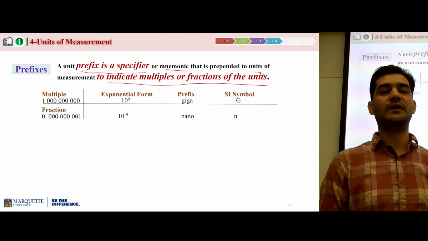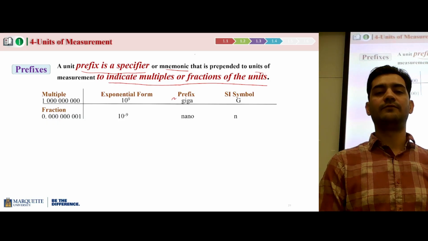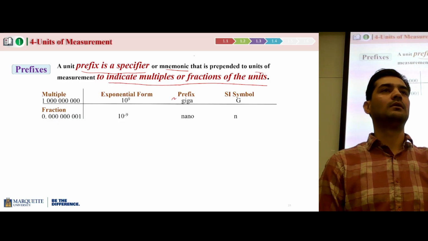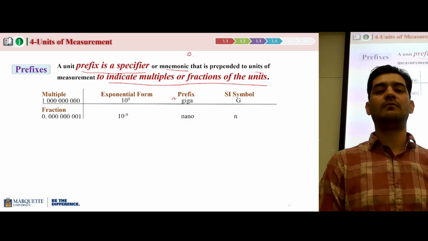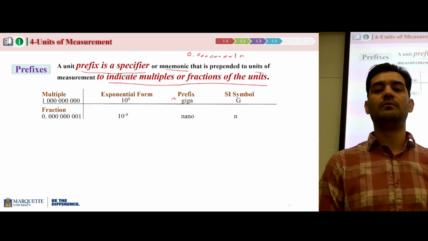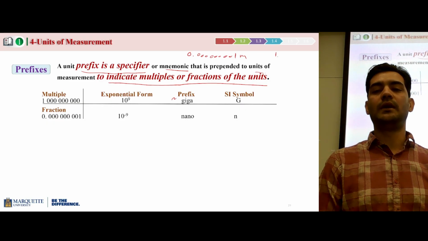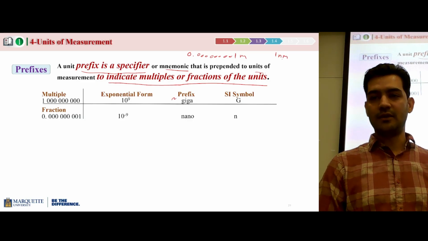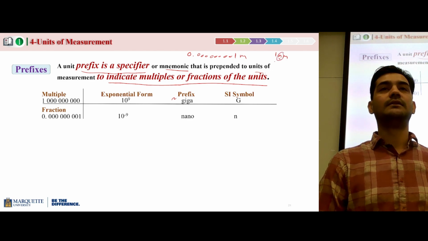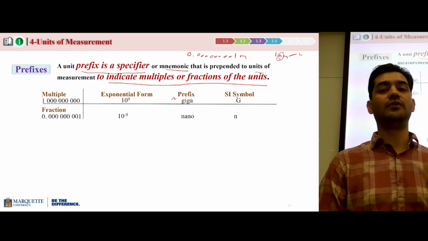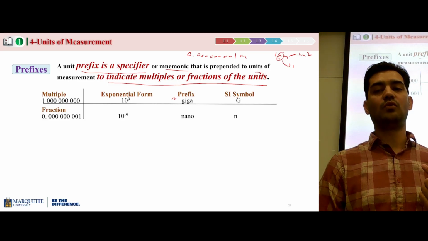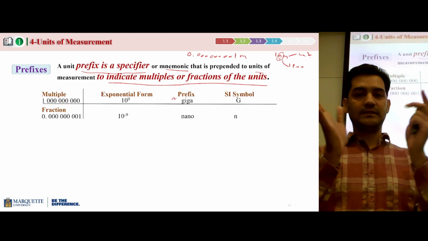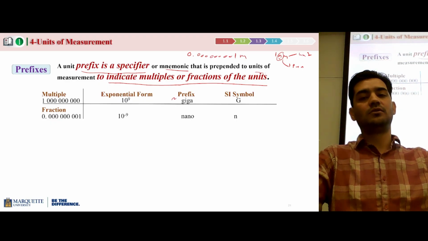For example, if you are measuring some reading, and someone asks what the reading is, instead of saying my reading comes out to be 0.00000000001 meter, it's better to say my reading came out to be 1 nanometer. So this nano, this n which we use, that's a prefix. The meter is a unit, and the nano is a prefix. So a prefix is used to indicate multiples or fractions of units.